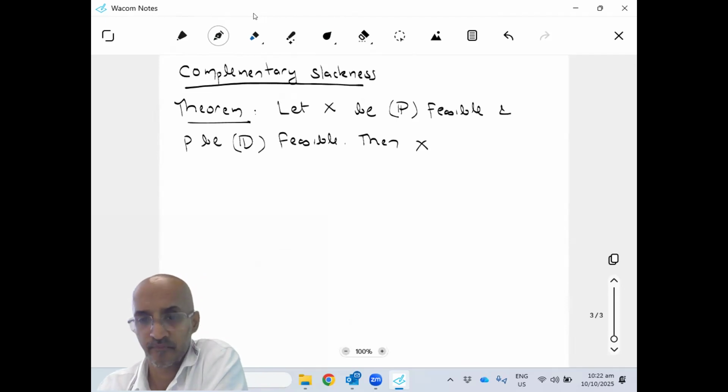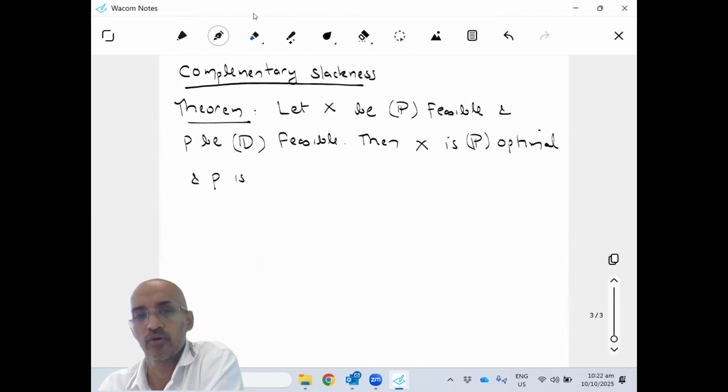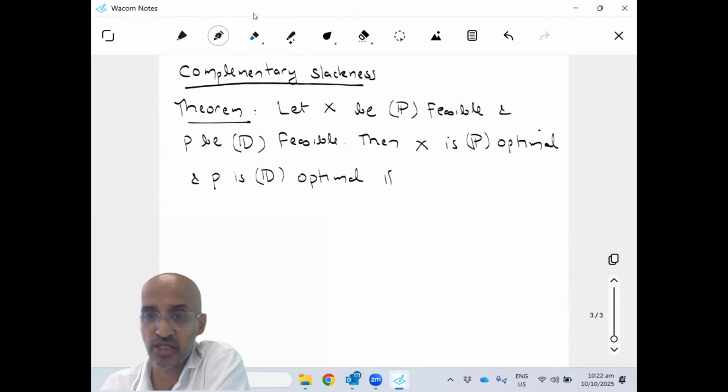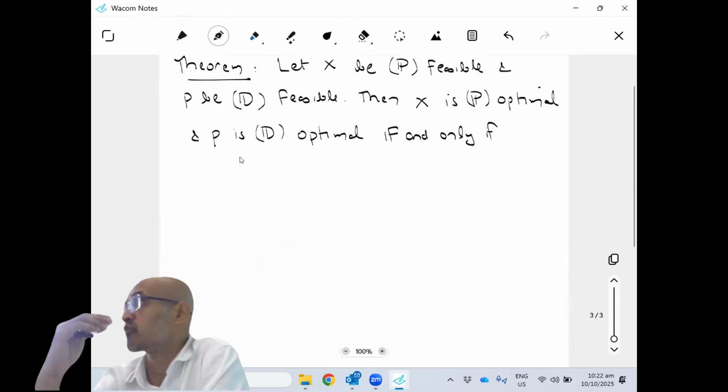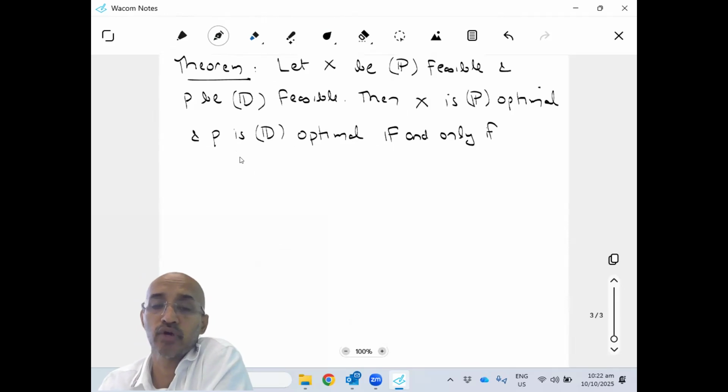X is primal optimum and P is dual optimum if and only if. Okay, so this is an if and only if condition. If and only if the following conditions hold.